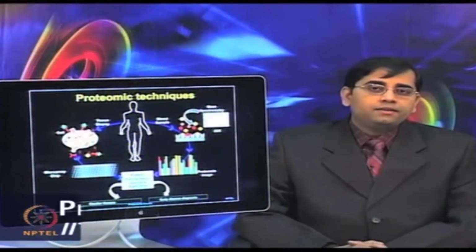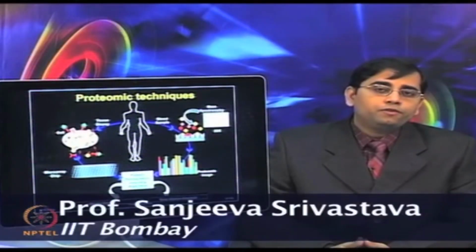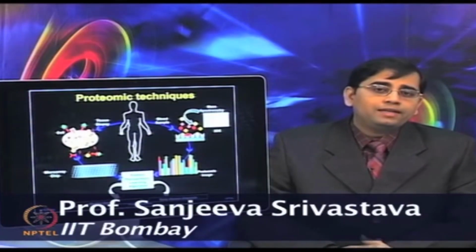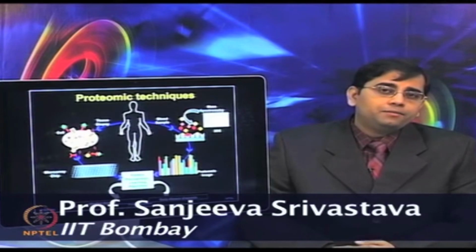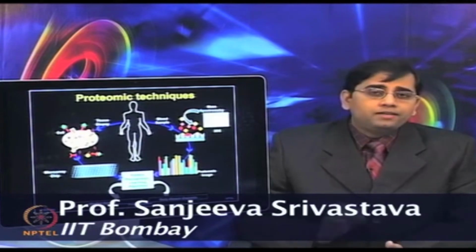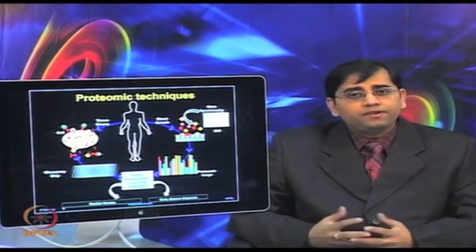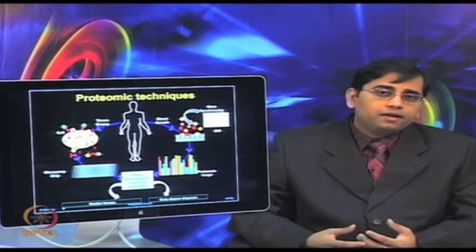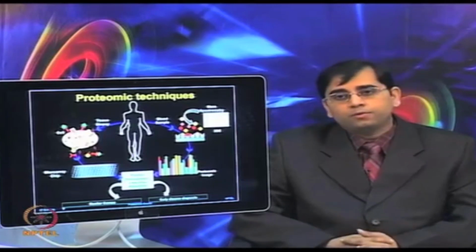So, as we have seen, there are a large number of proteomic technologies which are currently available for various applications. Many times, to address one biological question, different types of methodologies come together and then provide solutions to that problem.